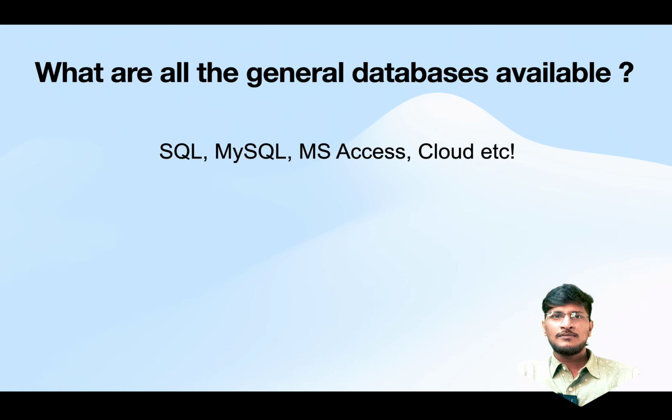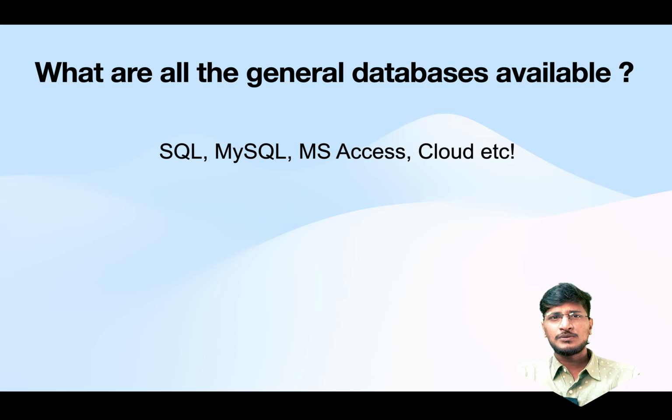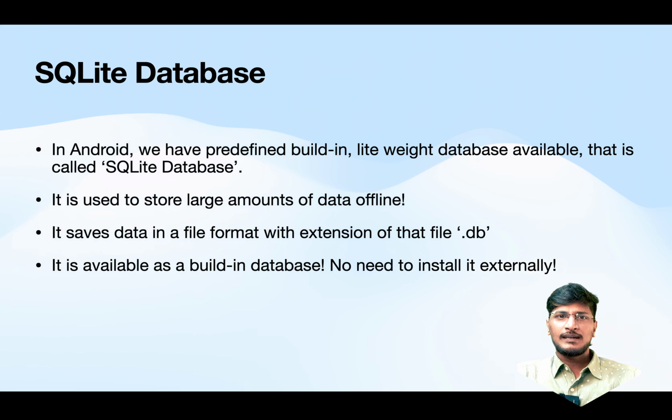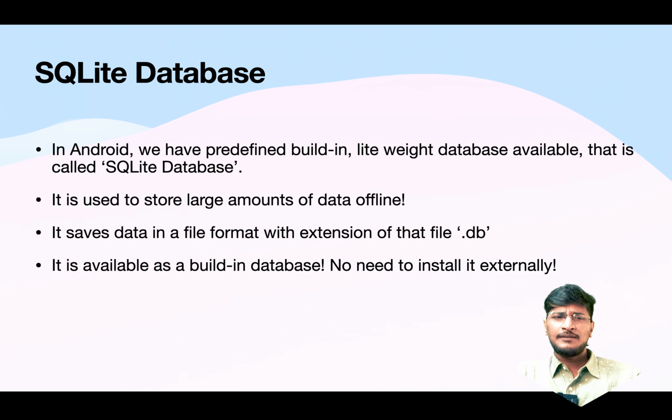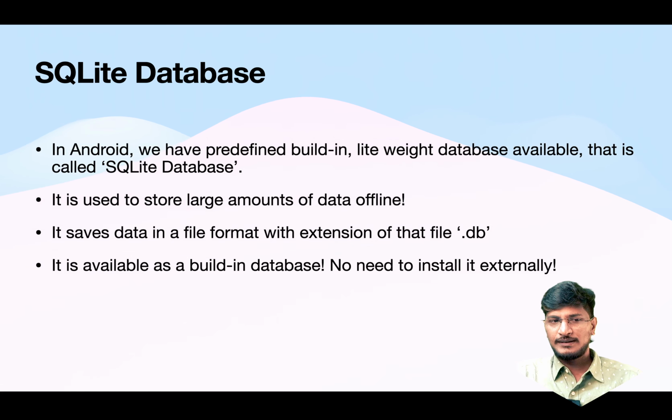For example, if you take SQL Server, you will be installing that SQL Server into your system, because it's an external database. But in Android, we have a built-in, predefined, lightweight database available. You don't need to install it, you can simply start using it just by creating an object to it. It is called the SQLite database.